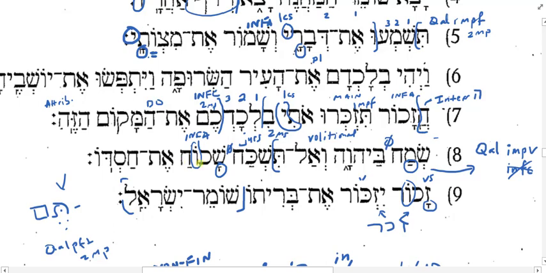Shin kaf chet. So which use is this, the emphasis or complementary use? This is emphasis. So it's not just don't forget, but by all means, never forget. That's right. Don't be forgetting. All right? And indeed, or surely, do not forget.